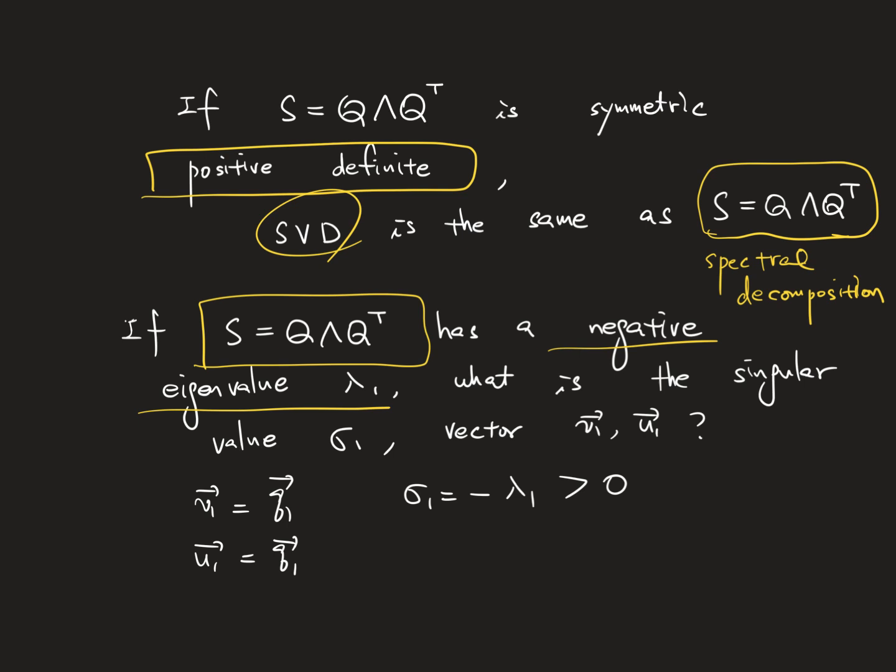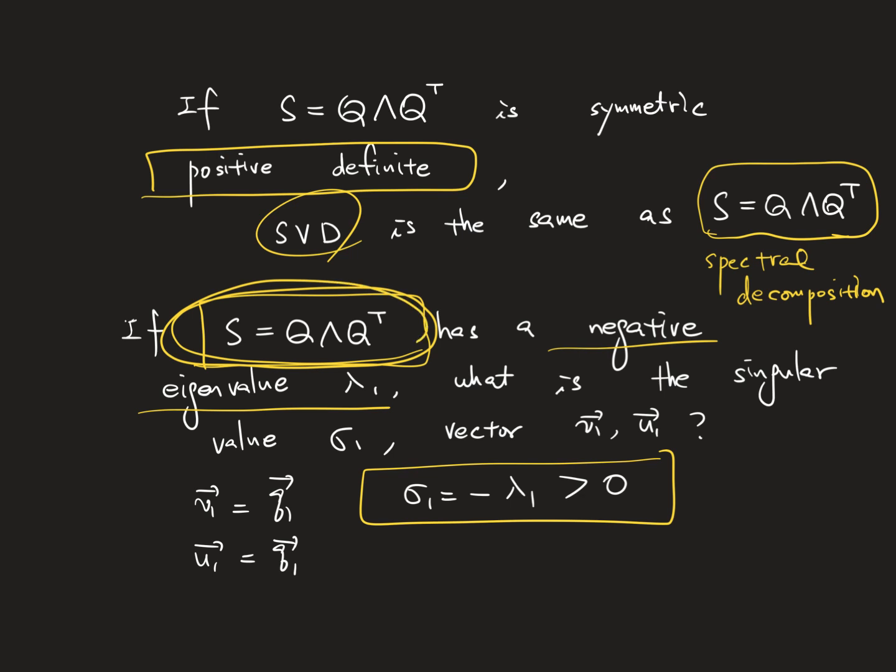That is the important thing. So when you find a singular value decomposition, we have to know that singular values are always non-negative. If you find a spectral decomposition with a negative eigenvalue, and somebody asks you to find a singular value decomposition, what you need to do is just change the sign, and then you can find the singular value.